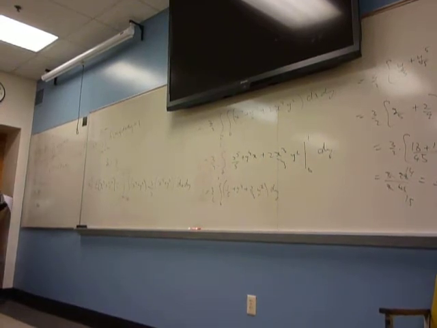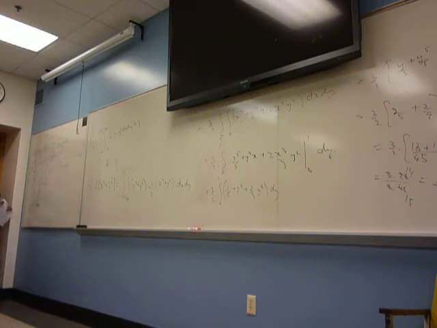So either I can say y goes from 0 to 1, and at any point here, my x goes from 0 to y over 2, okay? So for any y, as y goes from 0 to 1, my x would go from 0 to this point on this line, and this line is y equals 2x or x equals y over 2. So that's the first way.